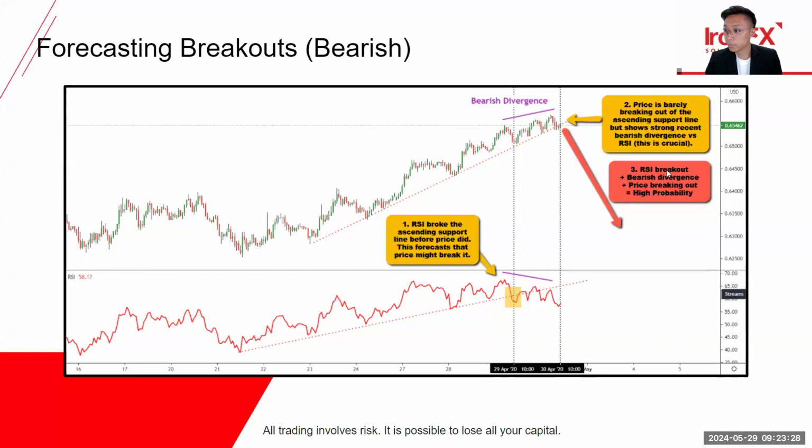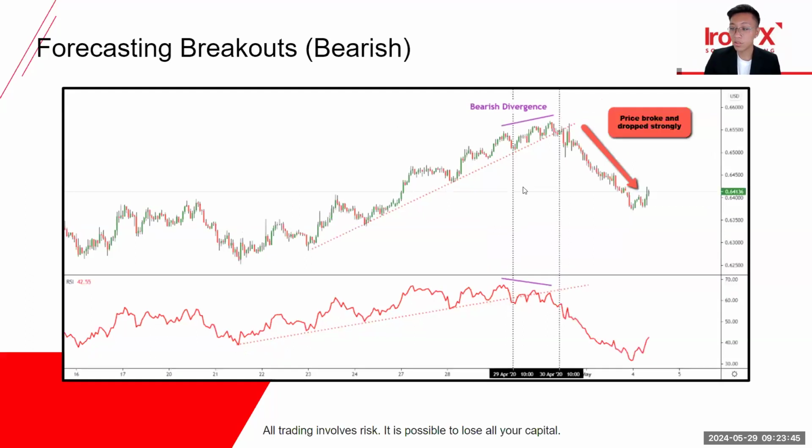So we have the RSI breakout, which is your first confirmation. Your second confirmation would be bearish divergence. And lastly, price breaking out of here. So we have a high probability bearish breakout. If we look right here, price actually broke out of this ascending support line, retested it, and then went all the way down, similar to the RSI.